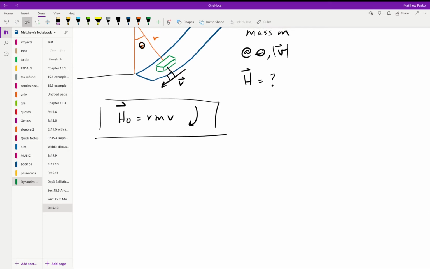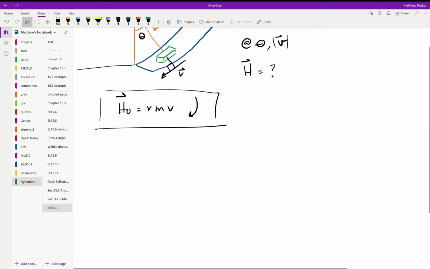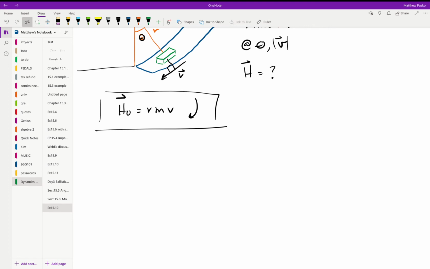What about the rate of increase in its speed? So let's also find dv dt.